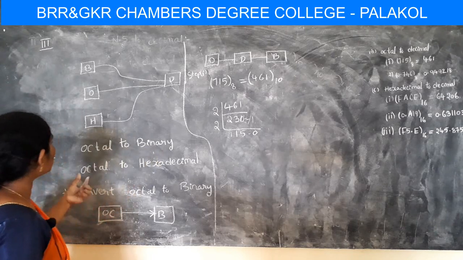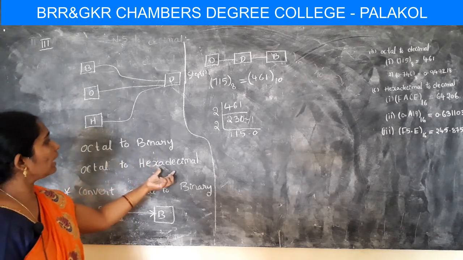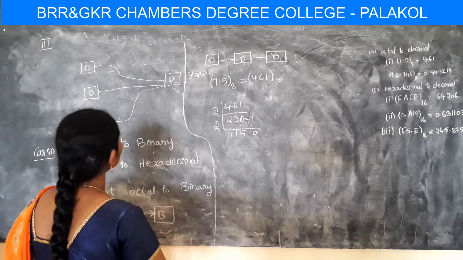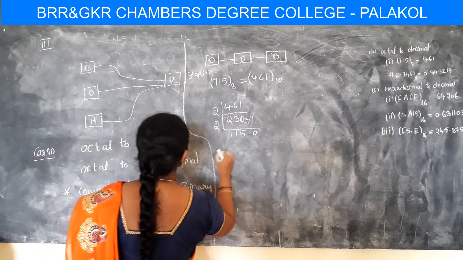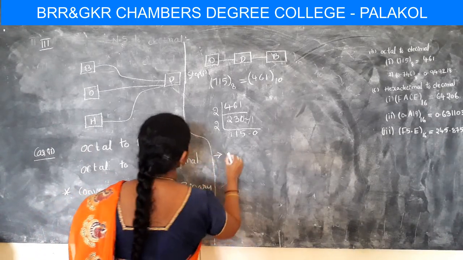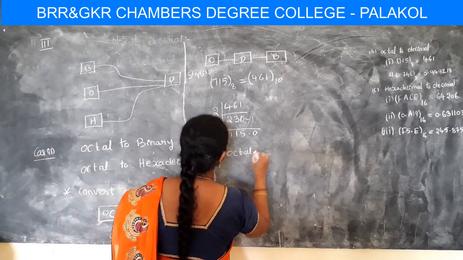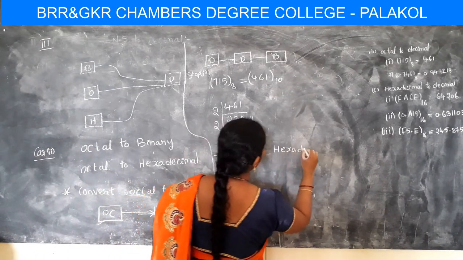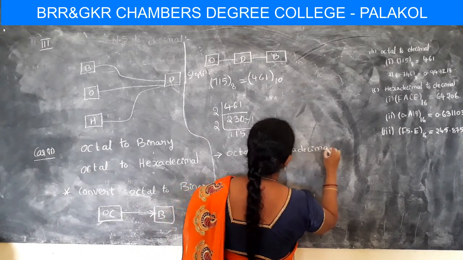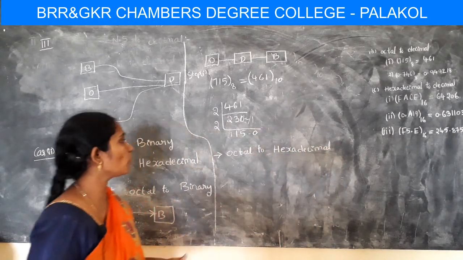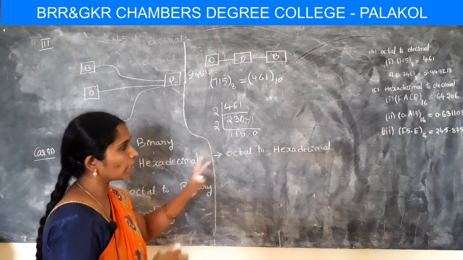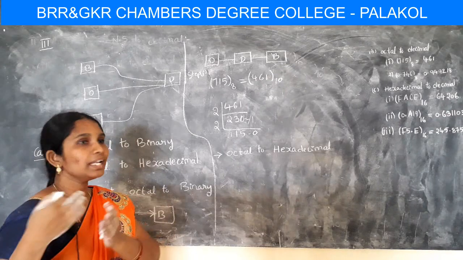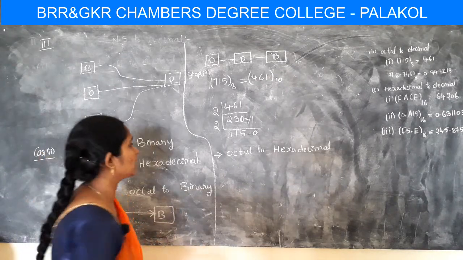Okay. And after that is octal to hexadecimal number system. This is also the same procedure. So what is the process? First of all the octal number is converted into decimal, and after that this decimal number is converted into hexadecimal number.